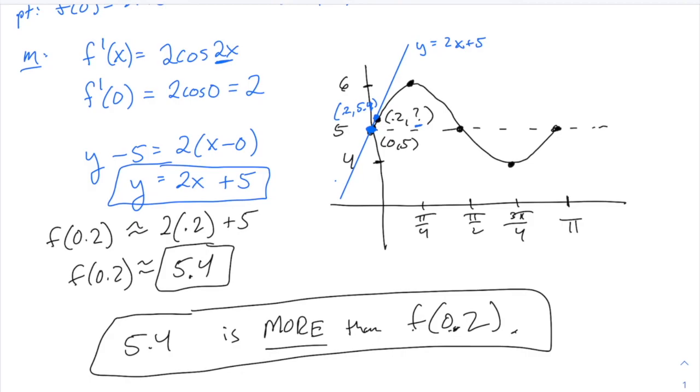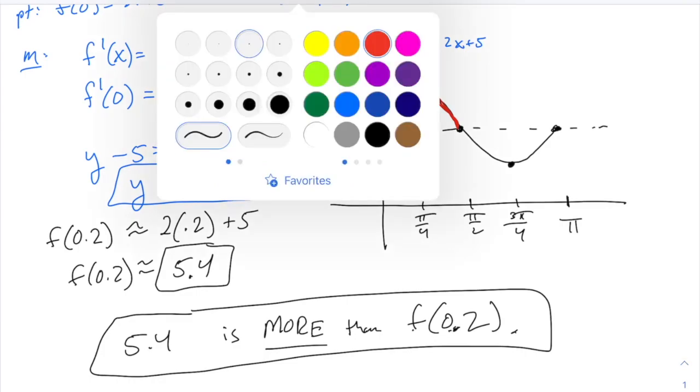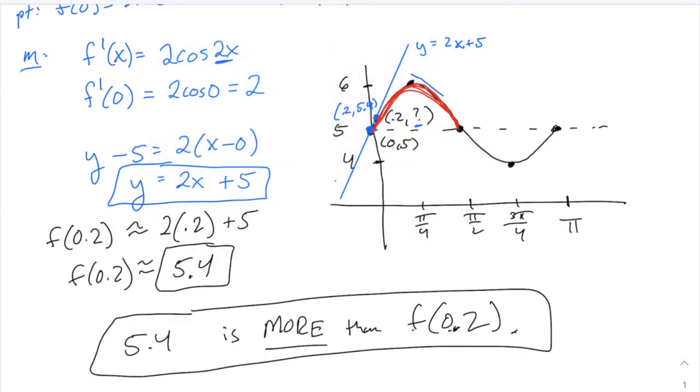It has to do with the concavity, and we haven't gotten into that too much at this point in the year. But on this part of the graph where it's concave down, anywhere you draw a tangent line, it is going to be above the curve, except for that point of tangency.